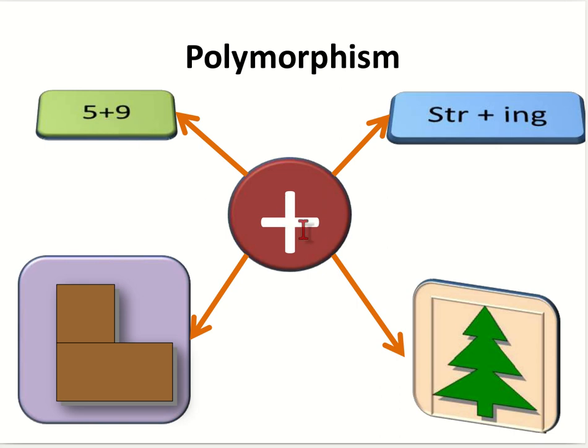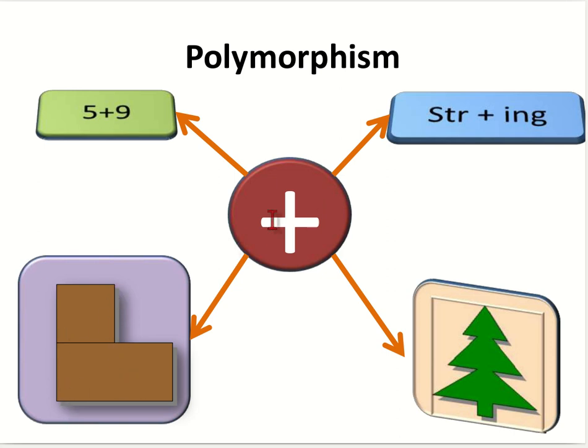And if I am giving this plus operator strings, it will concatenate them. String plus string will produce a string. This plus operator can be applied to shapes also. This is one shape, this is another shape.